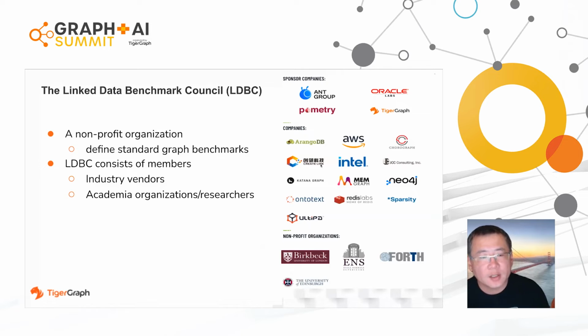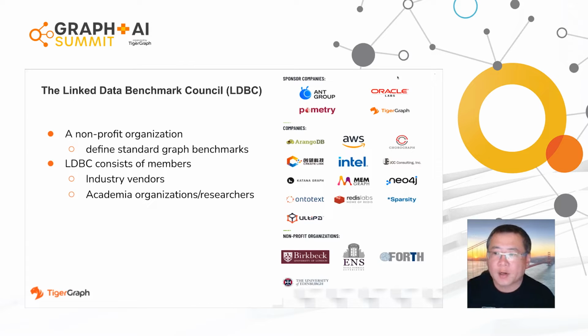Before I start, I'm going to introduce LDBC. Its full name is the Linked Data Benchmark Council. This LDBC organization is a nonprofit organization whose mission is to define standard graph benchmarks. LDBC consists of members from both industry and academia.